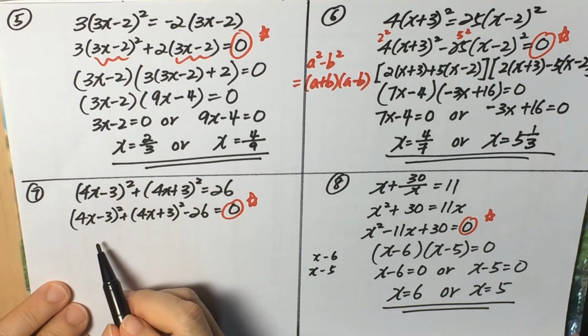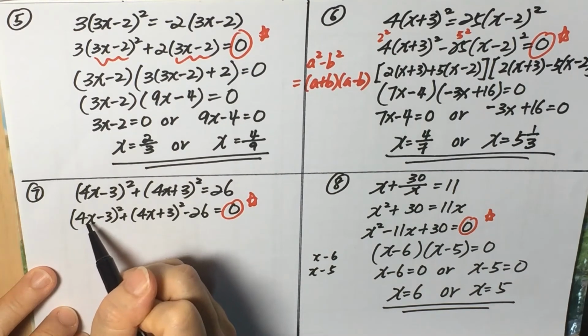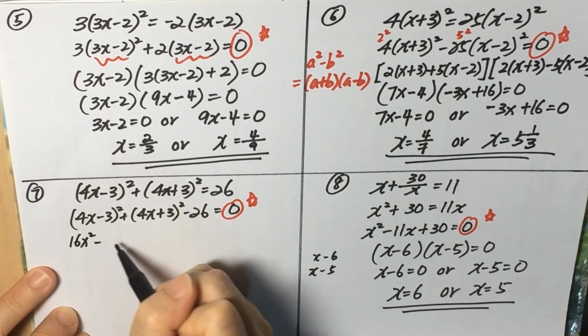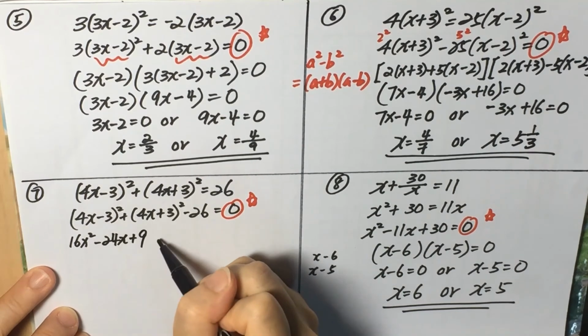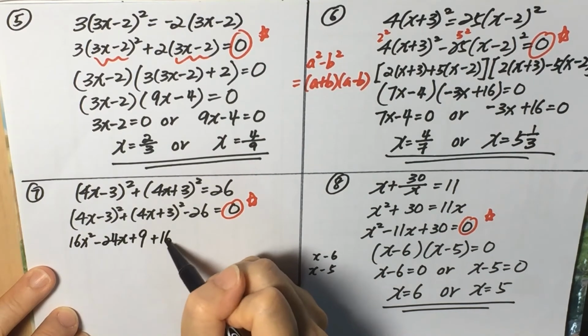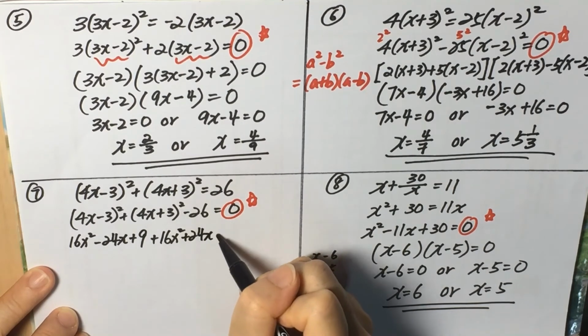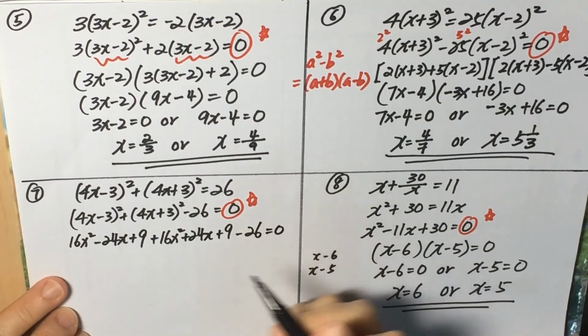So one positive, one negative, they will cancel each other out. Let's expand. (a minus b) squared is a squared minus 2ab plus b squared. Then the other one is a squared plus 2ab plus b squared. Then minus 26 equals 0.